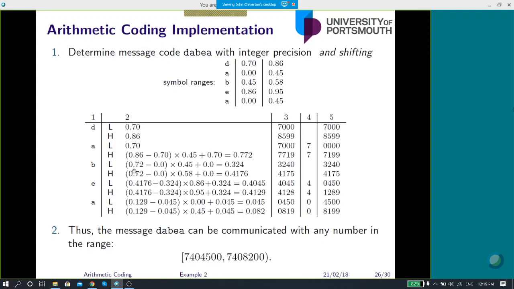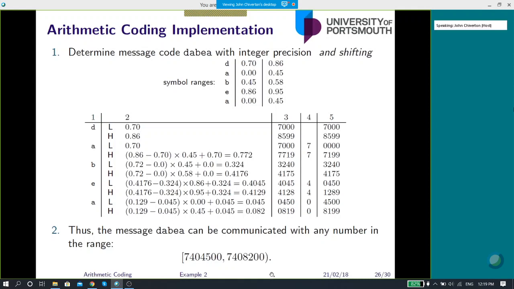Do you remember? You use the upper and the lower limits, multiply by the new sub-range value, and then add back on the lower range value. So when we transmitted the 7 there, we get a new range in terms of integers, but that also gets reflected back into the floating point numbers.